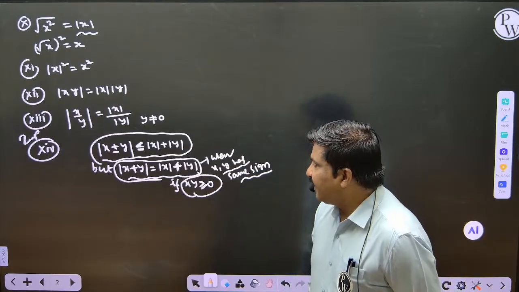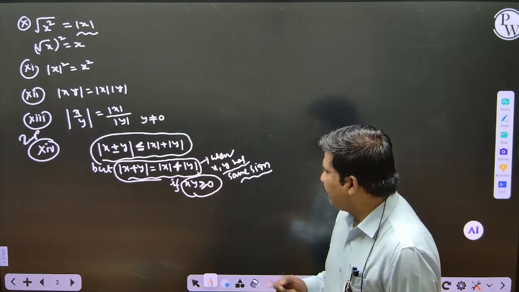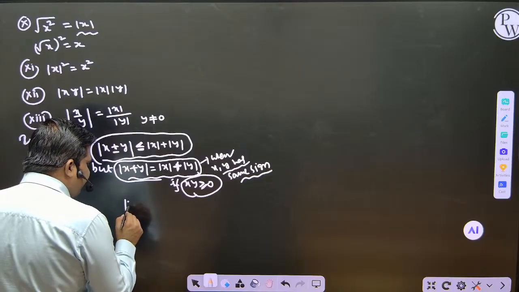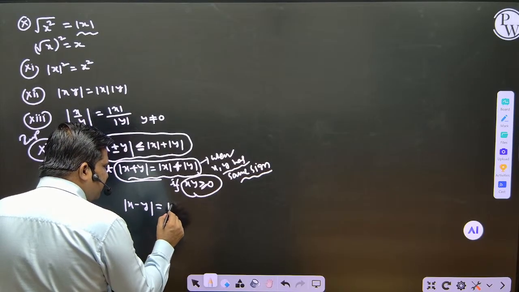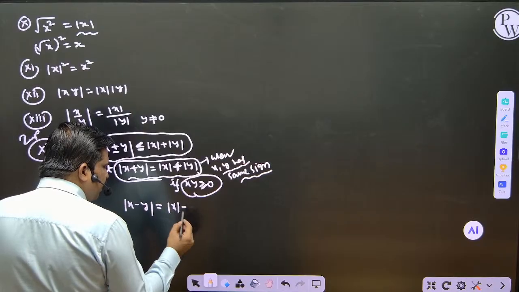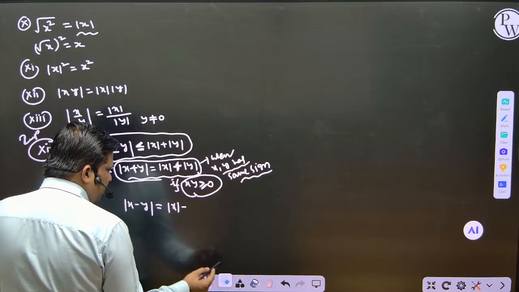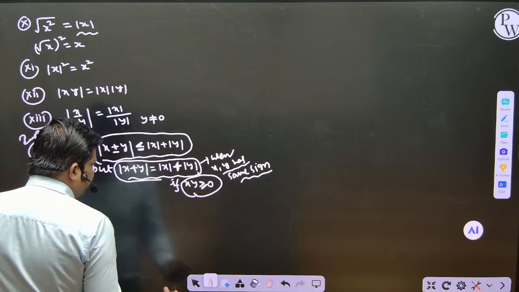Greater than or equal to 0. Similarly, modulus of x minus y is equal to modulus of x, so that we will write later.